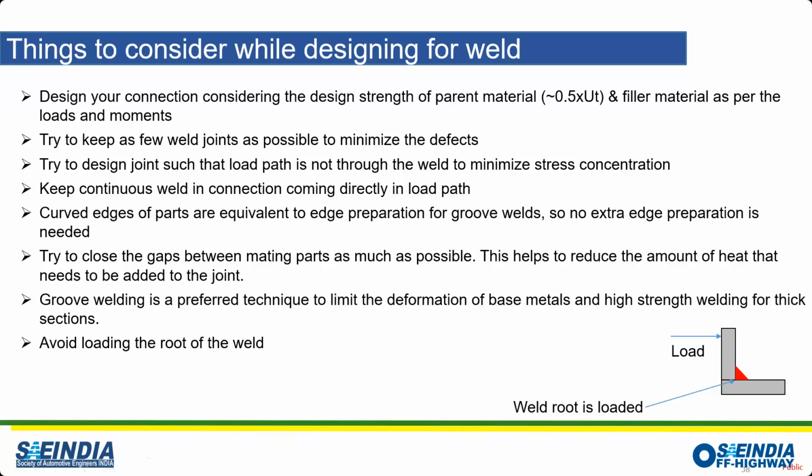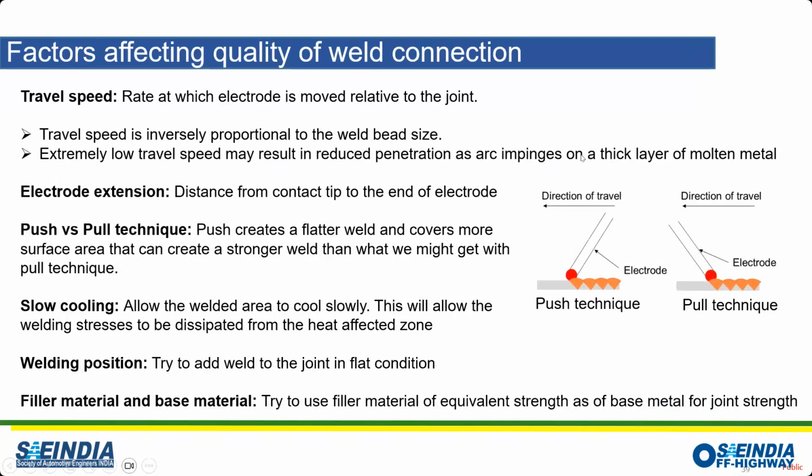So try to back it up with another, let's say, butt weld on the other side, or maybe you can use some extension on that bottom plate to add another fillet on the other side, so that your root is not directly loaded, because the root is also one of the critical points where your weld will start to pull apart. So you can follow that. I think we can go to the next one.